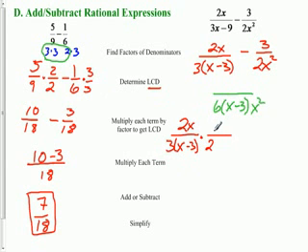Notice the x minus 3 is already in there, but what else is lacking here is an x squared. So really what we're going to do is take this first term and multiply the whole thing by 2x squared over 2x squared. Because just like the 2 over 2, 2x squared over 2x squared is 1. We haven't changed the value of this, we're just kind of blowing it up.